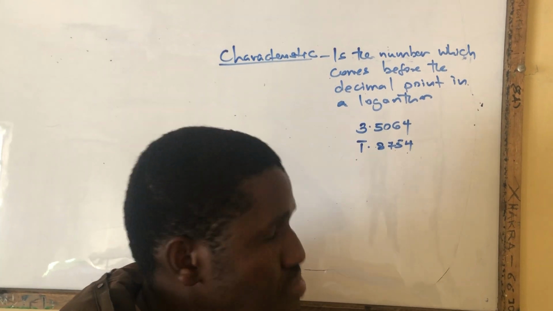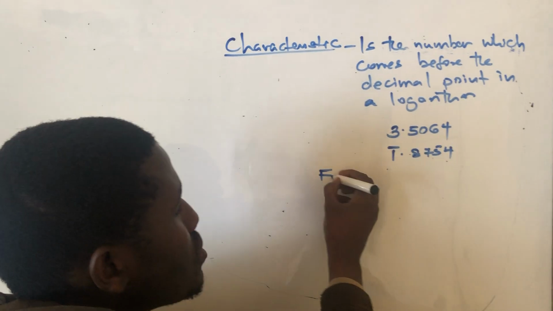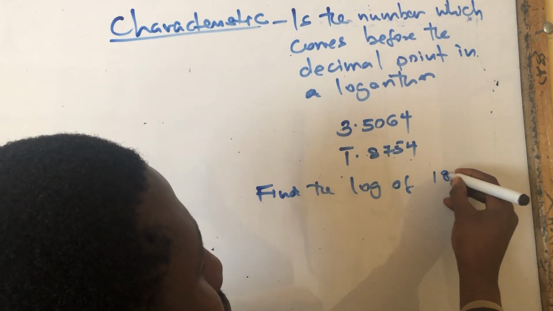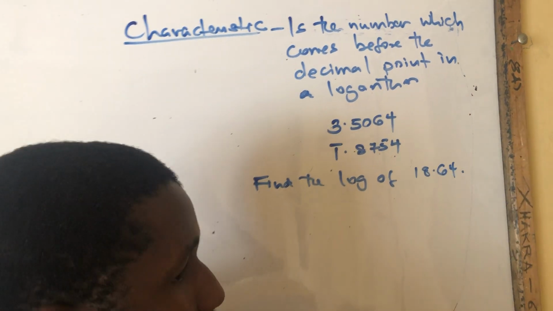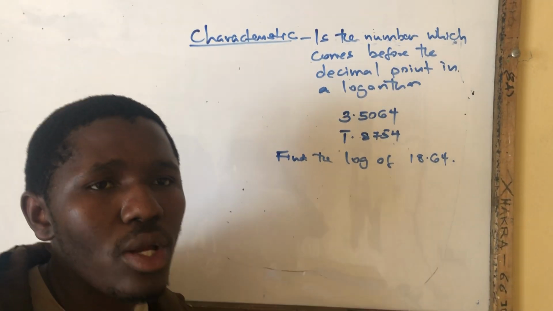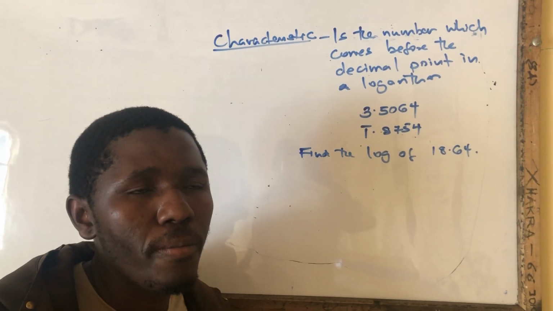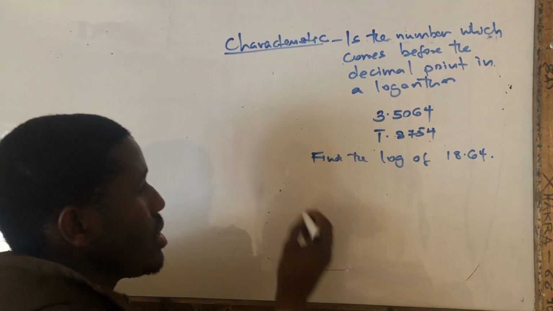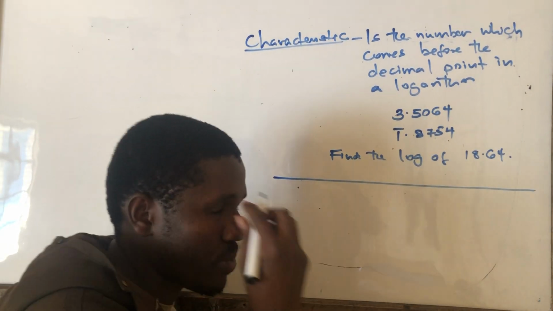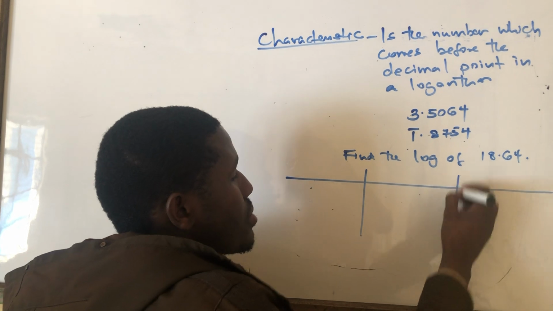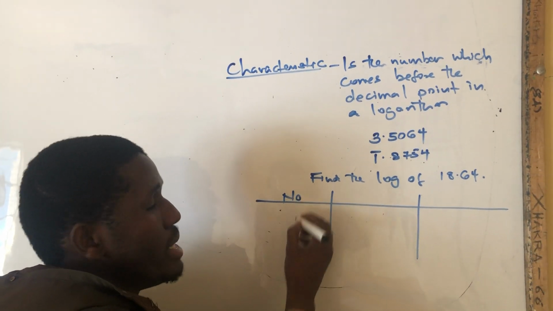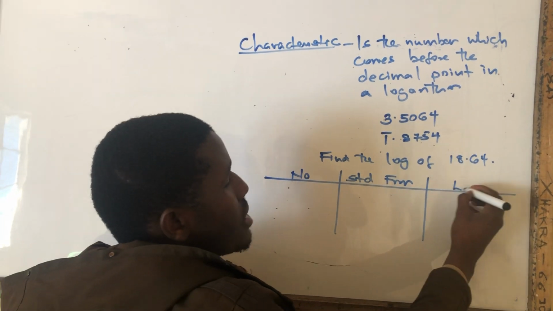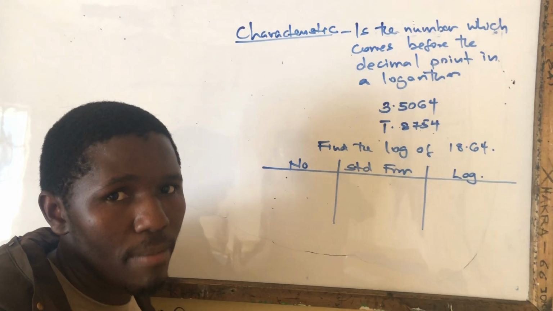For example, let's say you want to find the log of 18.64. The standard procedure of finding logarithms is you come up with a table, subdivide the table into 3 columns, have your number, the standard form of the number, and finally the log of the number.